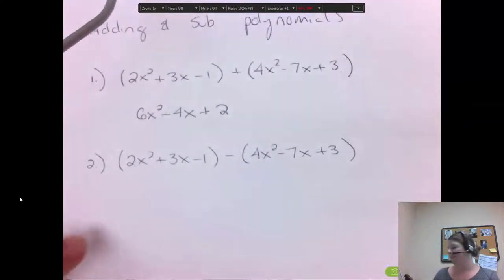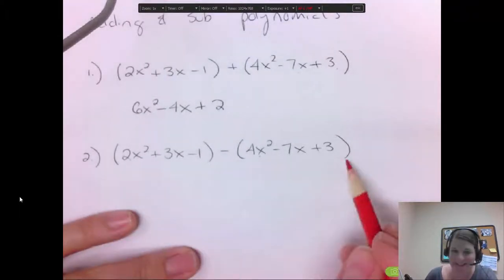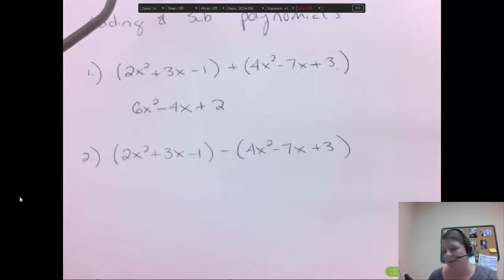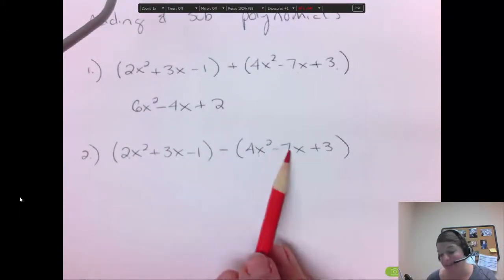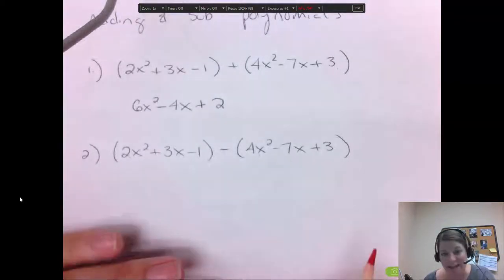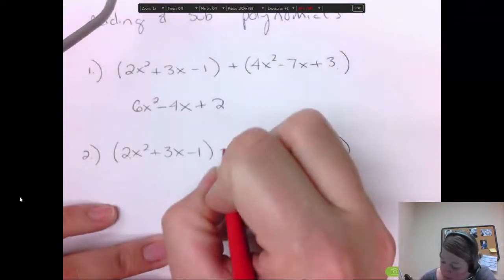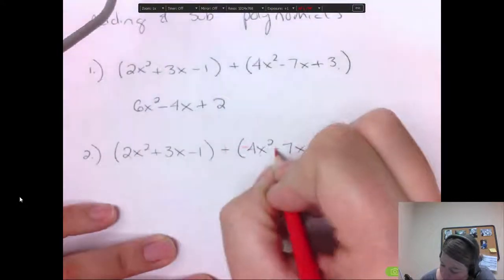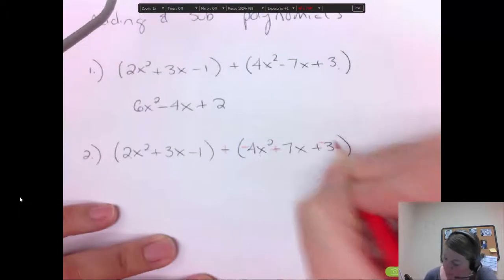A lot of people mess up these signs, so what I teach is let's write it as an addition problem and then do it. If you can think of this minus 7 as a plus negative 7 really easily, you're not going to need to rewrite it. If you can't think of that, here's a better way. Change this to plus. Change the sign of each term.